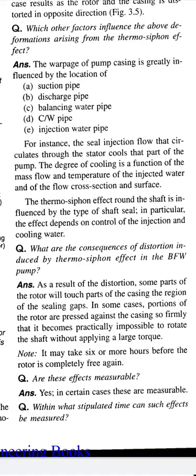In some cases, portions of the rotor are pressed against the casing so firmly that it becomes practically impossible to rotate the shaft without applying a large torque. Note: it may take 6 or more hours before the rotor is completely free again. Question: are these effects measurable? Answer: yes, in certain cases these are measurable. That's it now. Thank you.